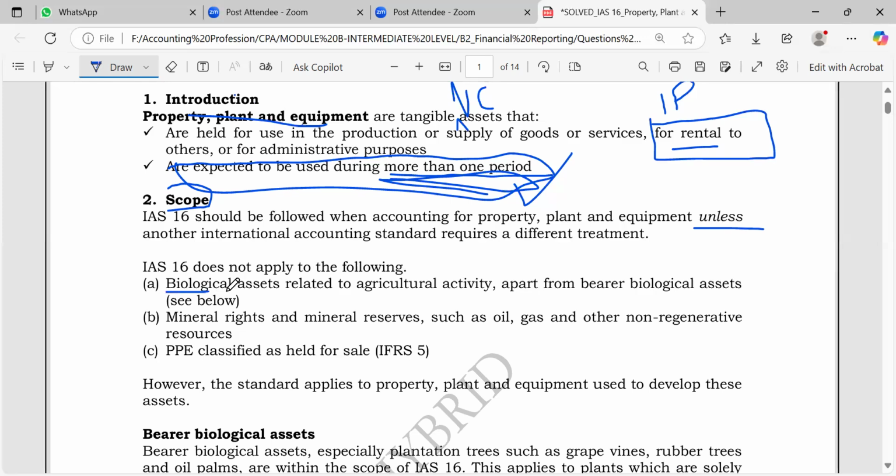Biological assets. But these biological assets fit in agriculture. There is a standard called IAS 41. It says agriculture. It specifically explains these biological assets, so it shouldn't be a big problem to you right now. For example, they told you biological assets related to agricultural activity apart from bearer biological assets.